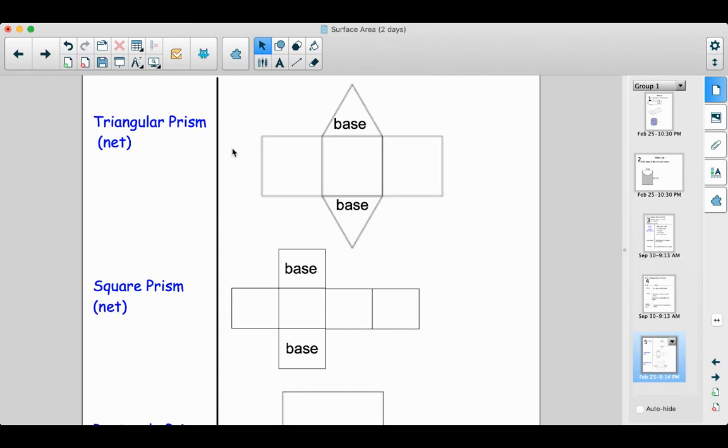All right, so I told you that prisms were named after their bases. This is an example of a triangular prism, or the net for a triangular prism. What I did is I took a triangular prism and I unfolded it.